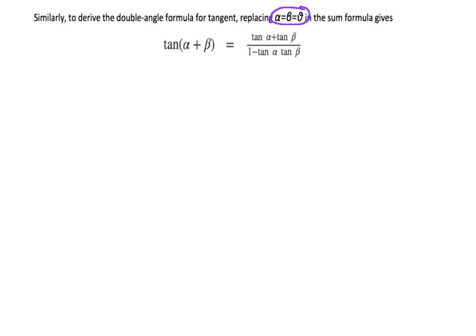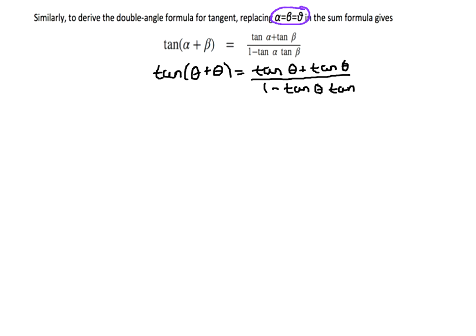So the first thing I'm going to do is just replace all of my alphas and betas with thetas. Tangent of theta plus theta equals tangent theta plus tangent theta divided by 1 minus tangent theta tangent theta.